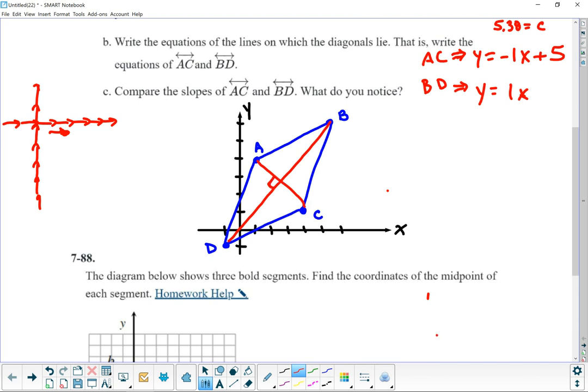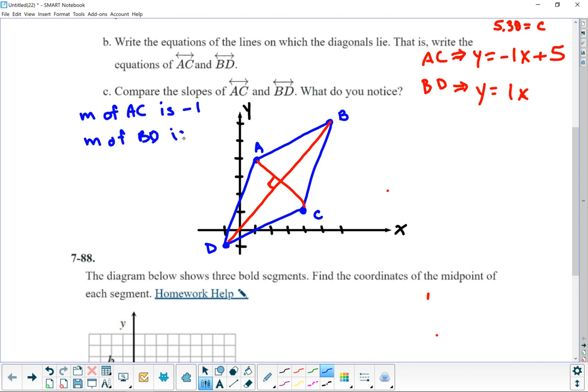So compare the slopes. We want to say the slope of AC is -1, and the slope of BD is +1. Okay, so what do you notice?